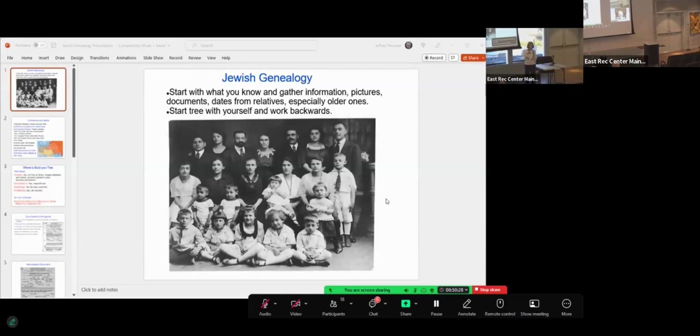You want to get as much information as you can from them about whatever relatives they know about. You want pictures from them. You want to ask them for birth dates, death dates, anything they know.